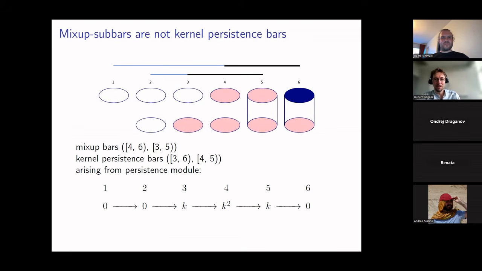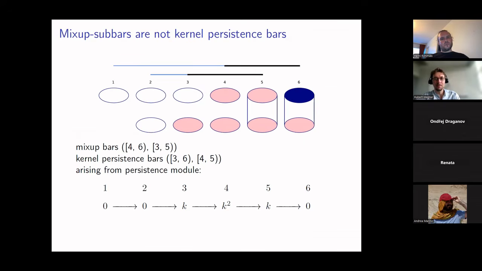Maybe just to complete this, what's the image, kernel and mixup? The blue parts are the image persistence, and the black parts, if you only take the sets of births and sets of deaths, would be the same as in the kernel, but the matching is generally different between the kernel persistence and the mixup bars.